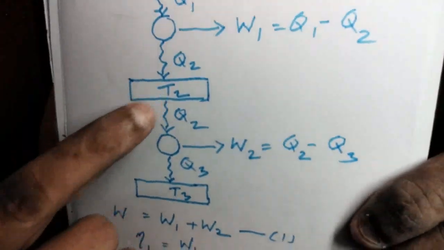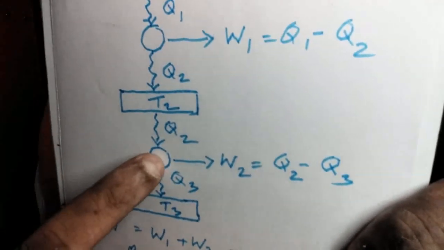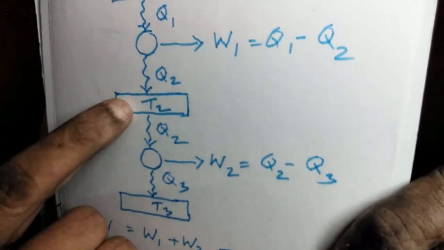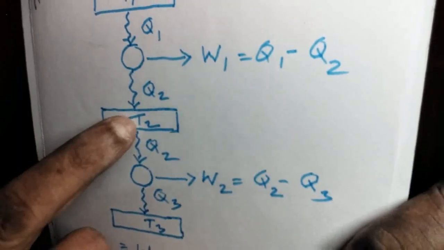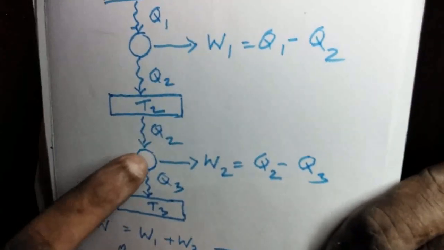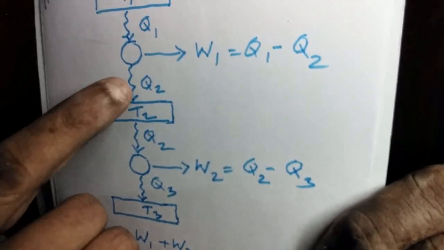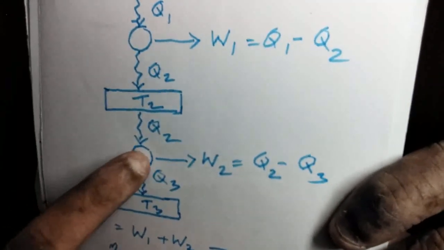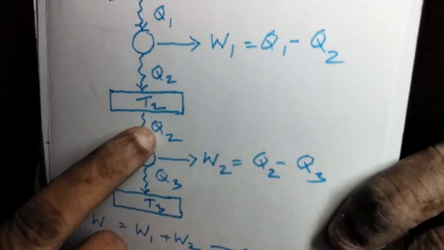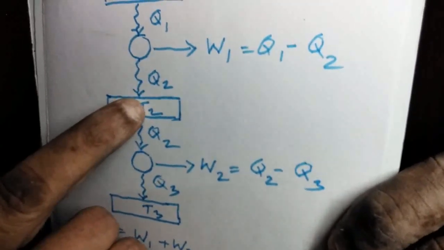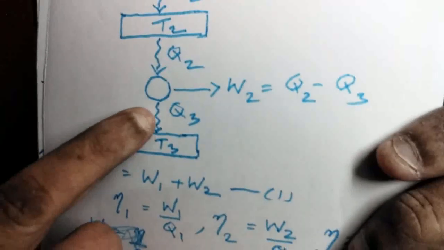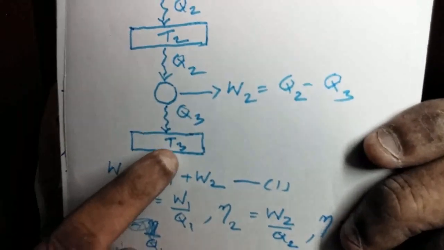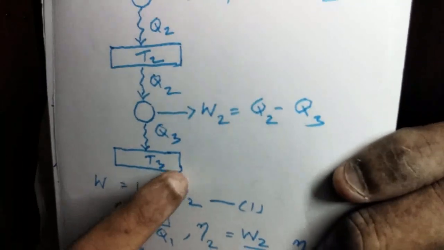Then the second engine, the source of the second engine is the sink of the first, so that it absorbs heat rejected by the first stage. That is, it absorbs Q2 unit of heat from T2 temperature and expels heat Q3 at a lower temperature T3.